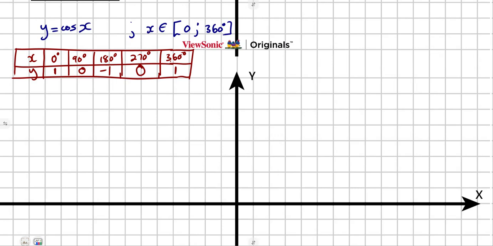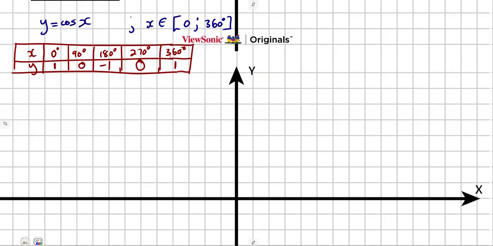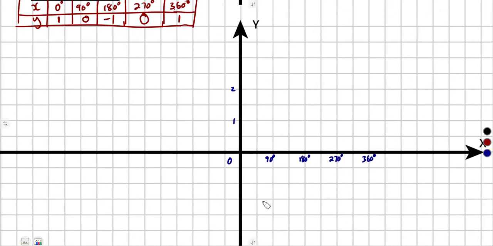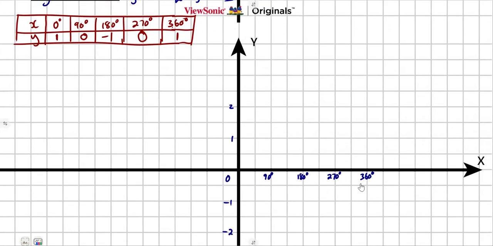From the interval that we are given, from 0 to 360 degrees, let us consider 90, 180, 270, then 360. On the y-axis, we are just limited from -1 up to +1, as we can see from our table.